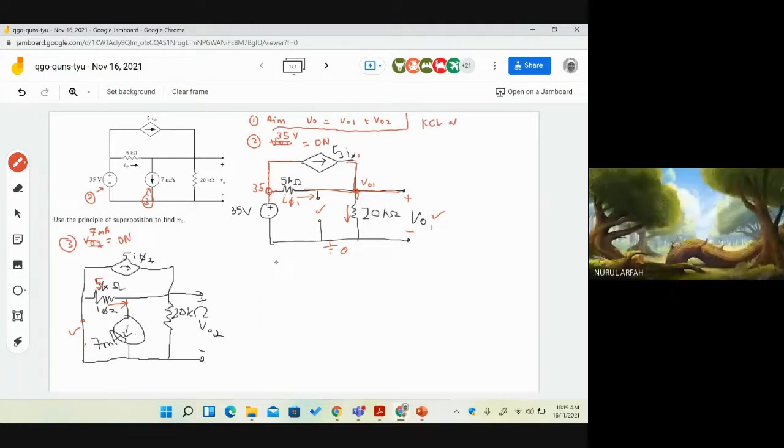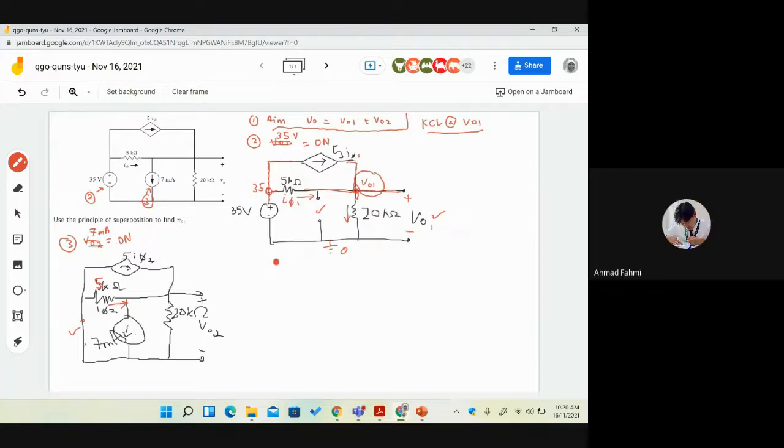KCL at node number V node 1, right? Because this is the only node that has no value, you should put KCL at this node. And do we have any super node?